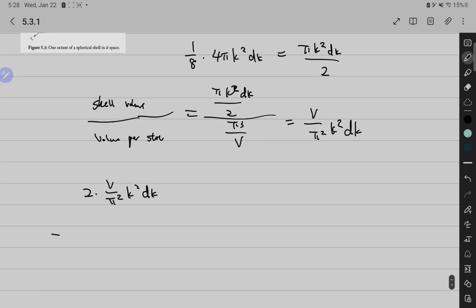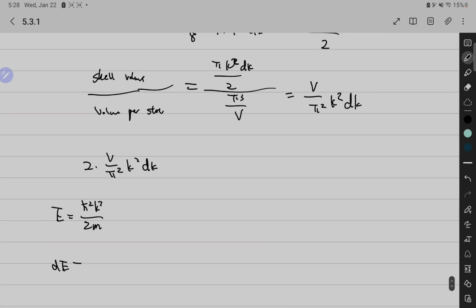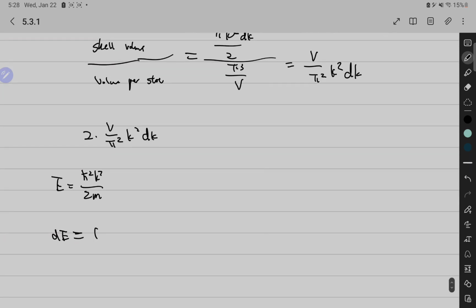And the energy of each state is equal to ħ squared k squared over 2m. So when you consider the total energy, dE is going to be the number of electrons times the energy per state, right?